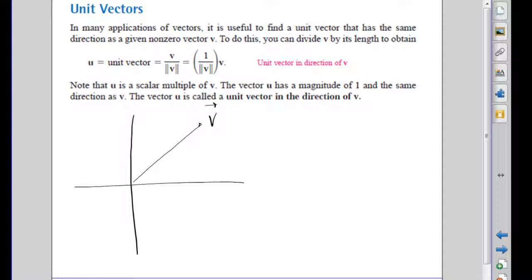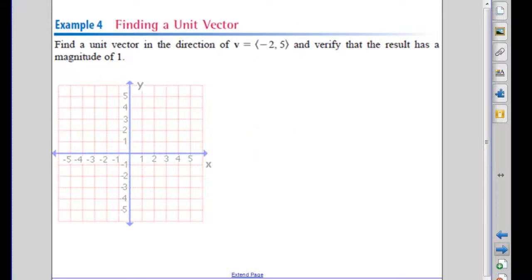More often than not, it's much easier to find this other vector u that has a magnitude of 1. Sometimes we have to stretch v or compress v in order to make the magnitude of vector u 1. So in order to find this unit vector, we take the vector that's given and simply divide by the magnitude of this vector.